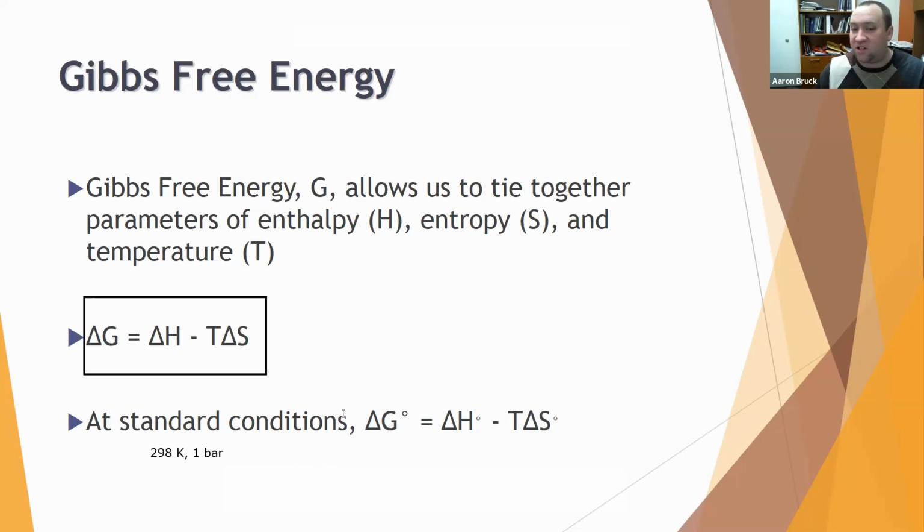These are our standard conditions, and they come with those little degree symbols that we see. So the difference between this equation and this one, not a whole lot, other than this one dictates that we have to be at these conditions.